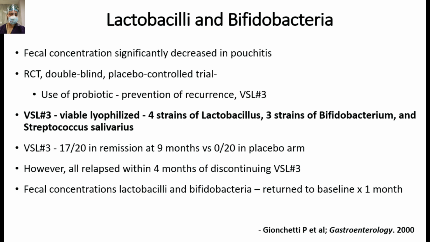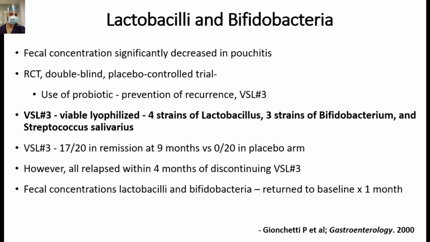The probiotic BSL-3 was used for prevention of recurrence, and in the BSL-3 group, 17 out of 20 patients remained in remission after 20 months, while there was no such patient in the placebo arm.